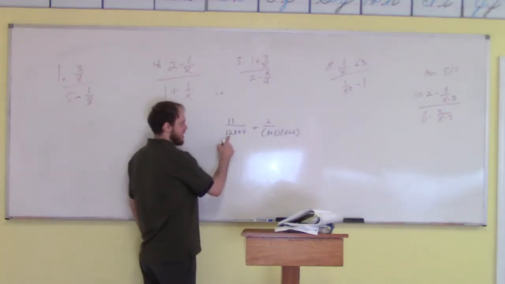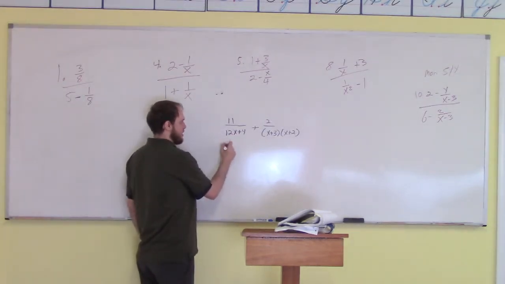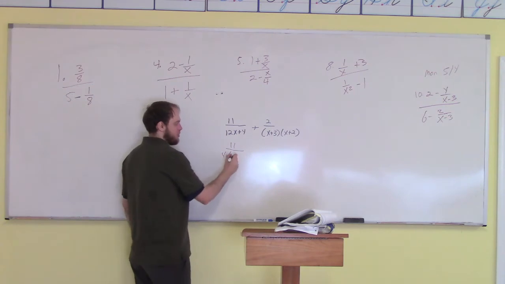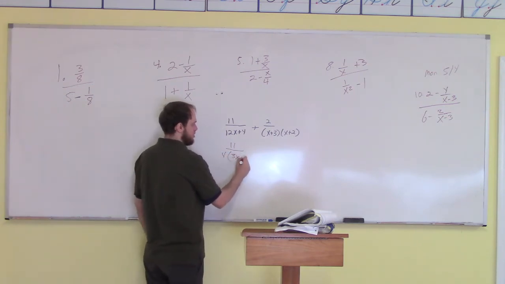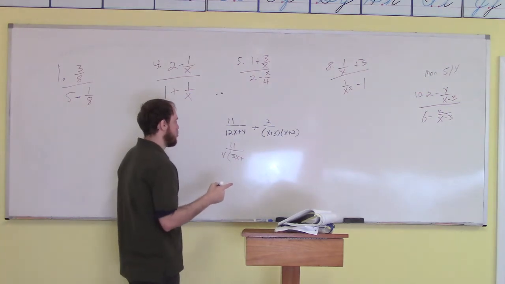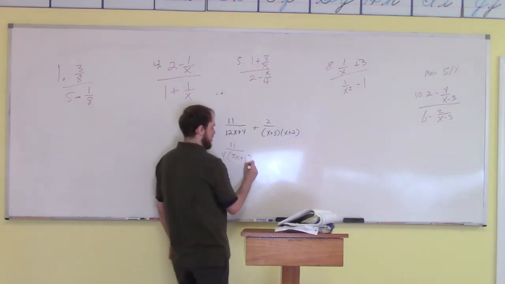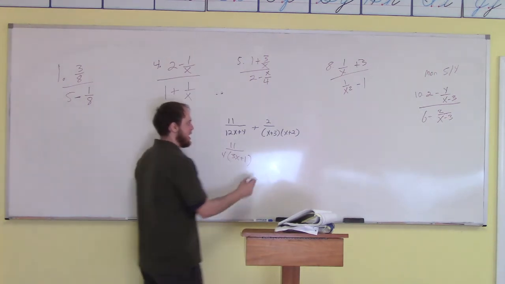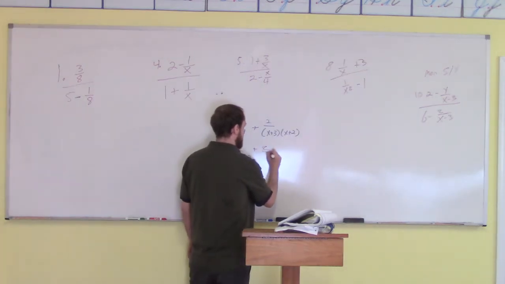They have a 4 in common. So I can factor that out: 11 over 4 times (3x plus 1), since 4 goes into 12x leaving 3x, plus 1. Then I have the plus 2, just rewrite.